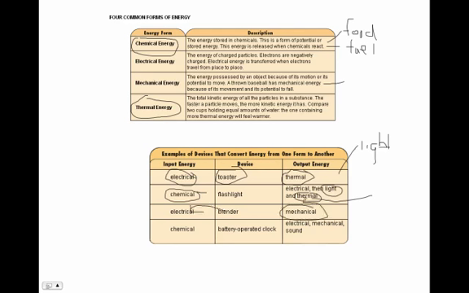Output, because of the moving parts, mechanical. Sound energy might be an unintended output. A battery-operated clock. Batteries are chemical. Output, well, the intended output would be mechanical because of the moving hands. However, sound is another output. Light might be another output as well.